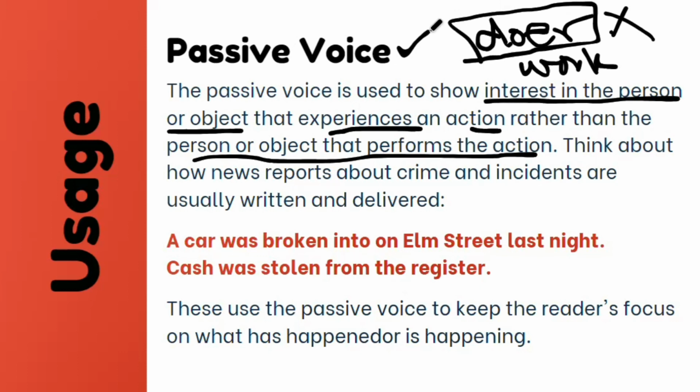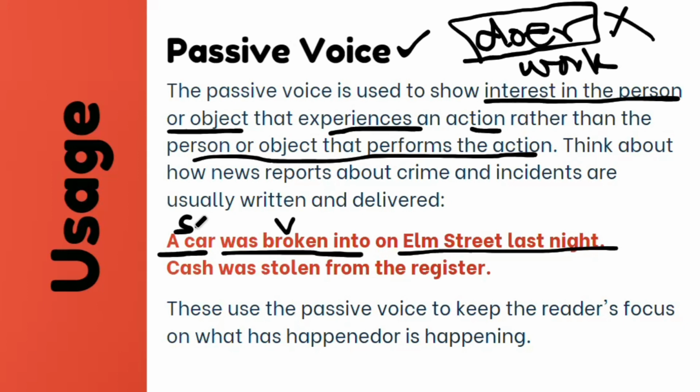passive voice. For example, a car was broken into on Elm Street last night. Now, a car here is the subject, was broken into is the verb, on Elm Street last night is the extension of the sentence. The main thing to focus on here is that a car is not performing any action by itself.